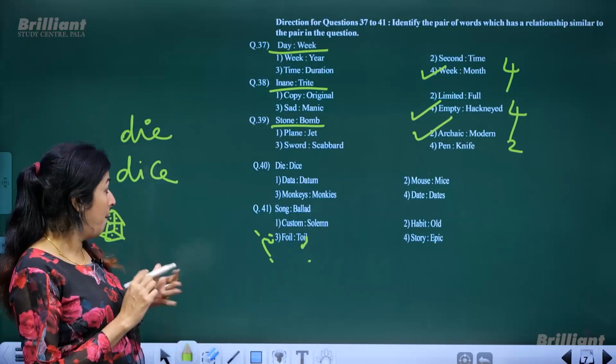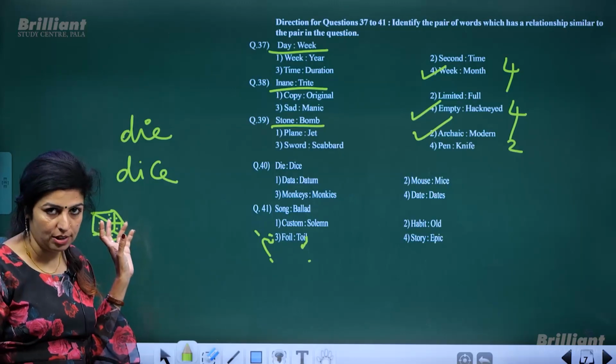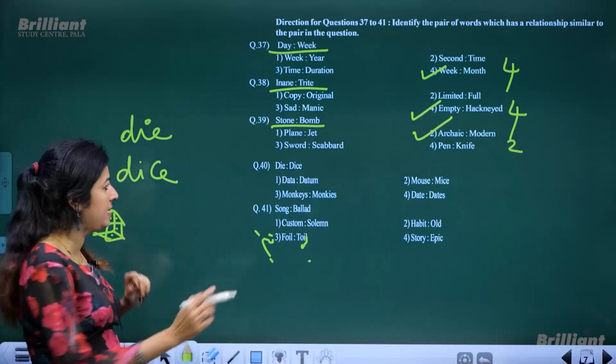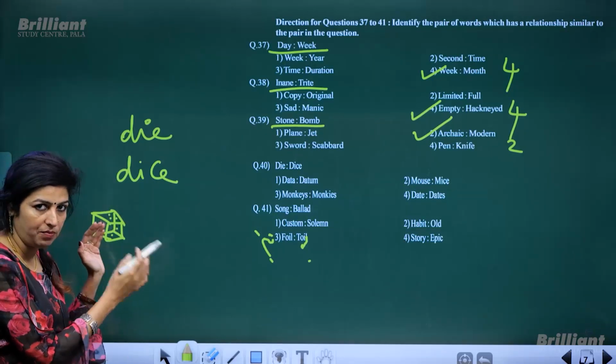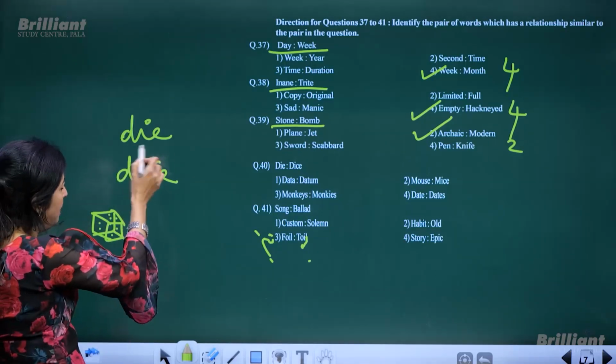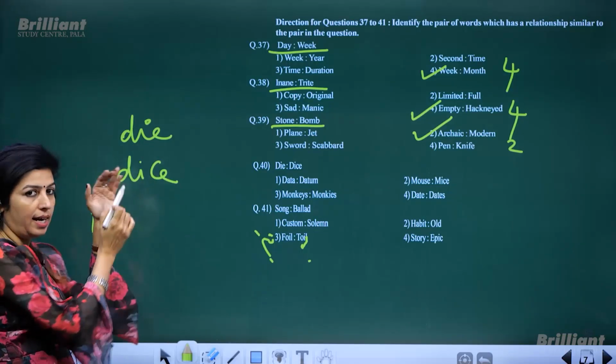Actually, the plural of this particular thing with which you play in casinos is dice. Dice means the plural of this particular item, and die means singular of this. Got it clear? Not the die connected with death.